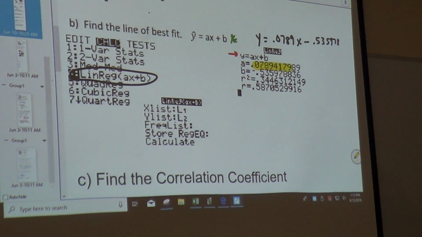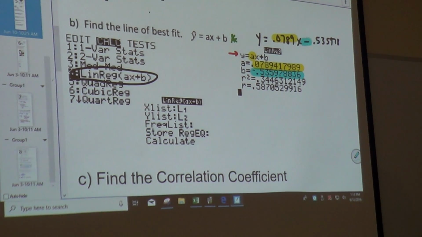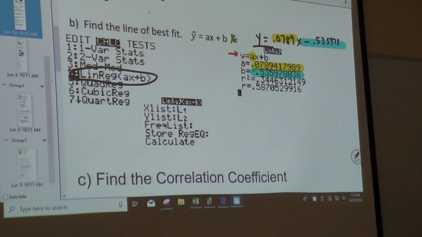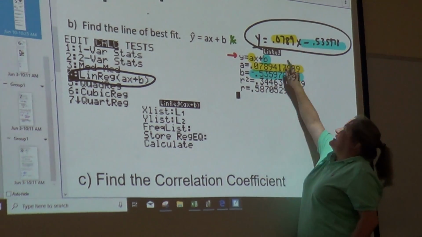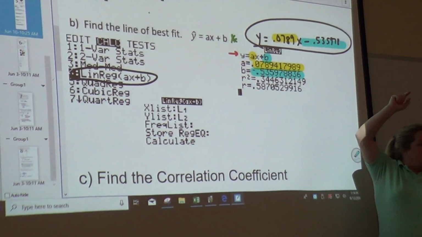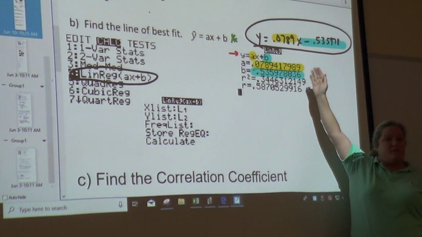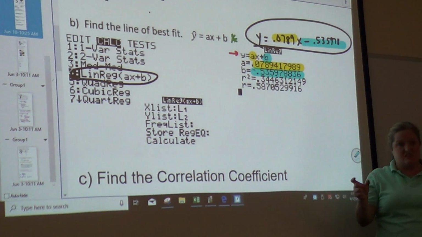All I'm doing is taking that value and plugging in for A, and taking that value and plugging in for B. So here's the equation: plug in the value for A, plug in the value for B, and the only reason I made this negative is because that value is negative. Had that been positive, I would have made it positive. And my math lab is going to tell you how many places to round to, and your test is multiple choice, so they're all going to be rounded to the same place.